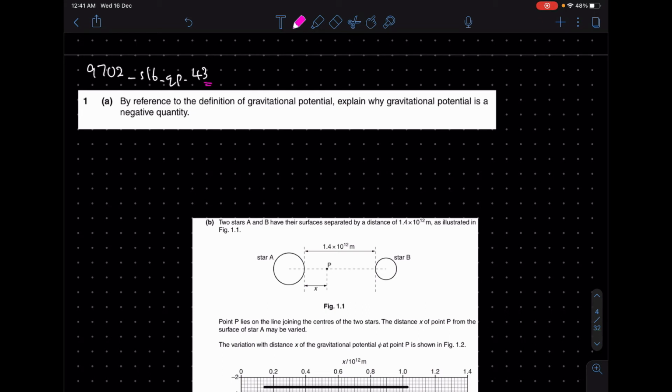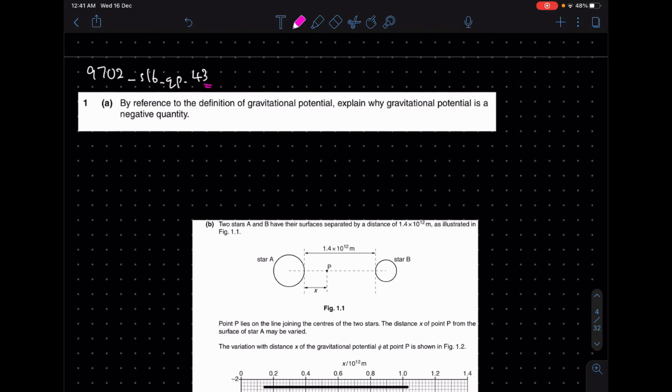Well, this one is simple because we already explained it. It's somewhat similar to the explanation for the gravitational potential energy, where we set infinity as a reference point of 0.